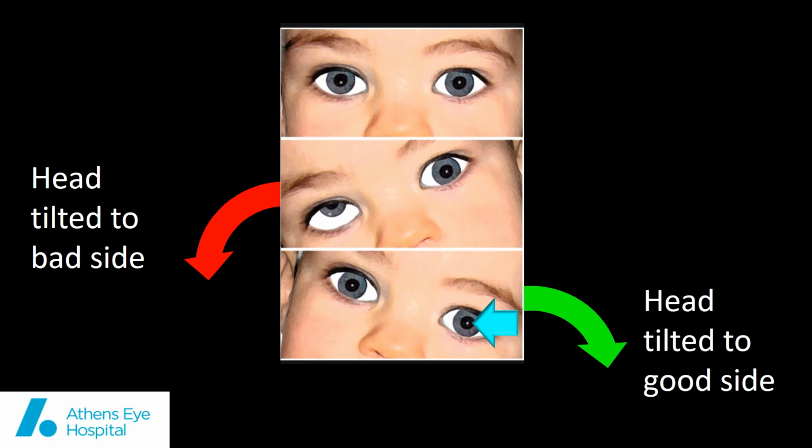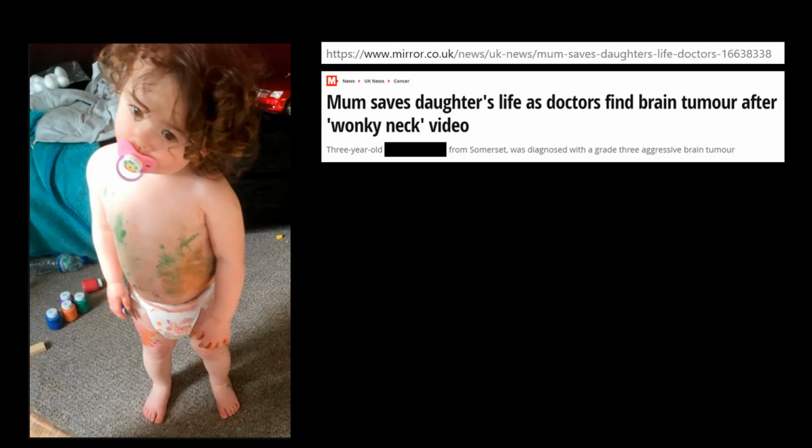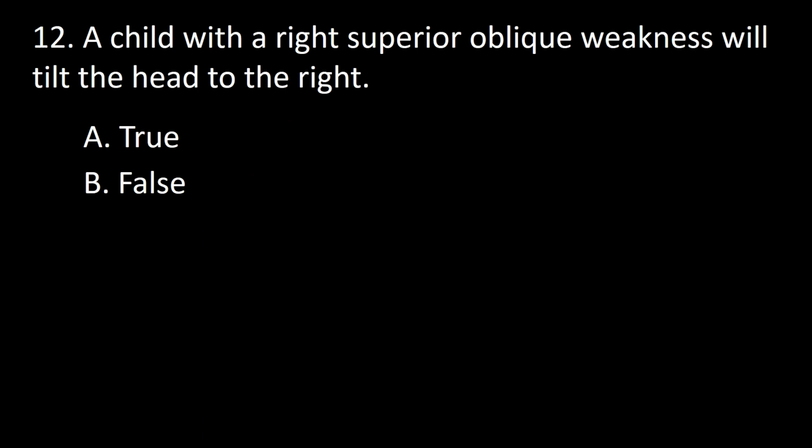As you can see, the light reflex in the left eye and the right eye are now centered. So the reason she tilts is to achieve single vision due to right eye superior oblique weakness. Posterior fossa tumor is a frequent cause of fourth cranial nerve palsy producing superior oblique weakness. So the answer to this question is B.